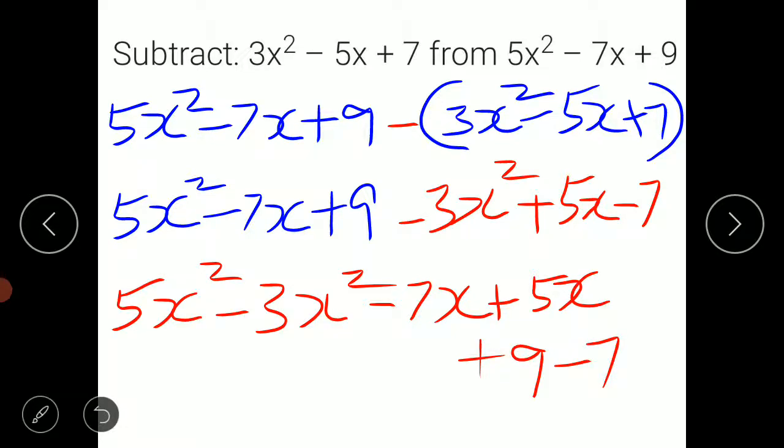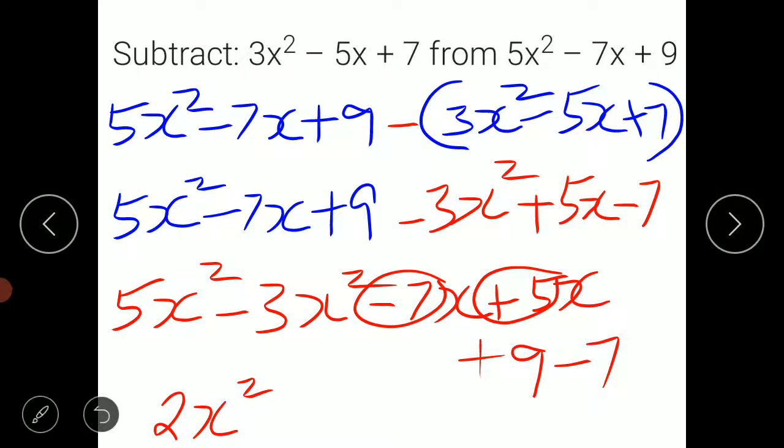After grouping the like terms, let's simplify the numerical values. Here 5, here minus 3. 5 minus 3, 2. So 2x square. The x square term is finished. Then the x term: minus 7 plus 5.